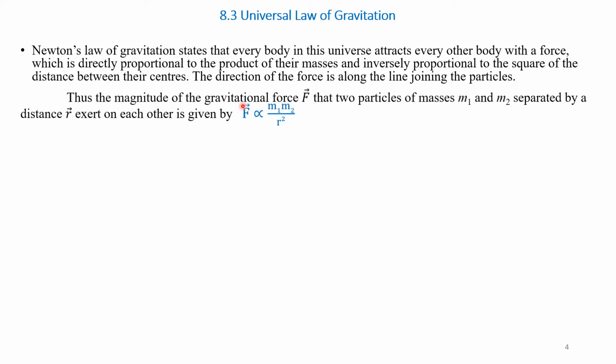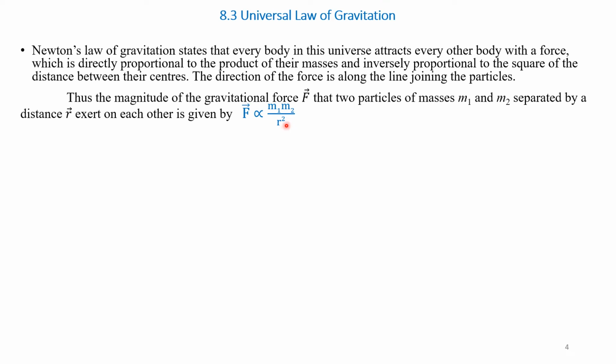Thus, the magnitude of this gravitational force F that two particles of masses m1 and m2 separated by a distance r exert on each other is given by the relationship: F is directly proportional to m1 and m2, and F is inversely proportional to the square of the distance between the two particles.